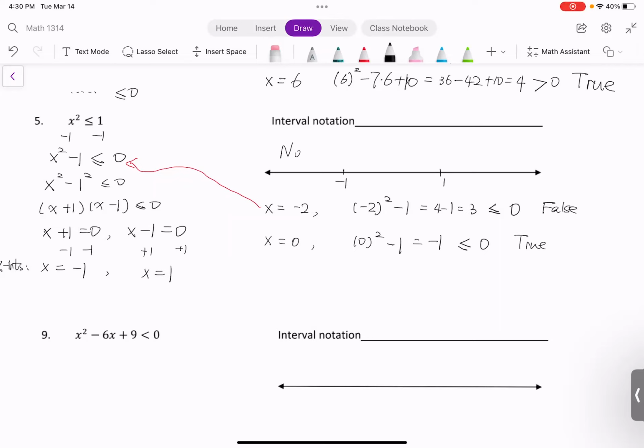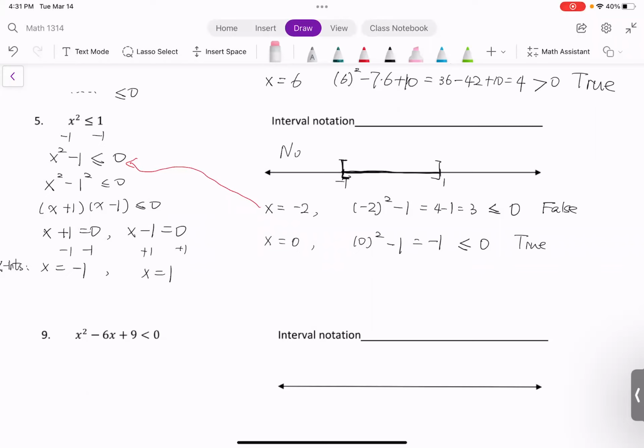I can highlight the area between -1 and 1. I'm using brackets. Do you know why? Because in the question, we have less than or equal to. So -1 and 1 are included in the solution.